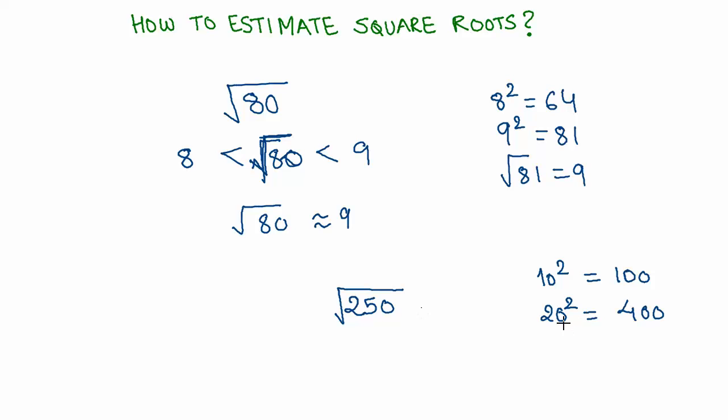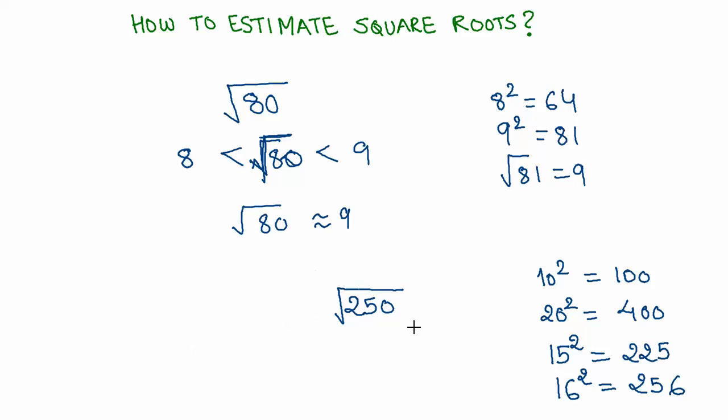So let's try some other numbers, maybe closer. How about 15 squared? 15 squared gives us 225, and 16 squared would give us 256. That is what we would have. So now if you look at it closely, we have 250, and then we have 256.